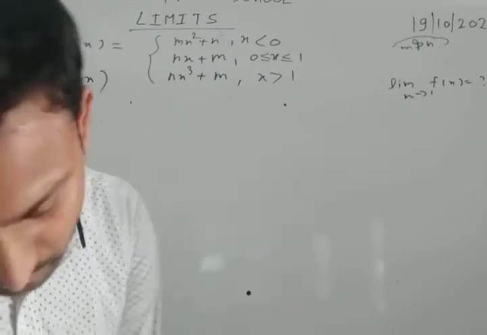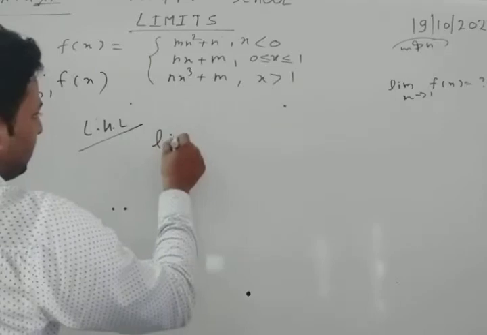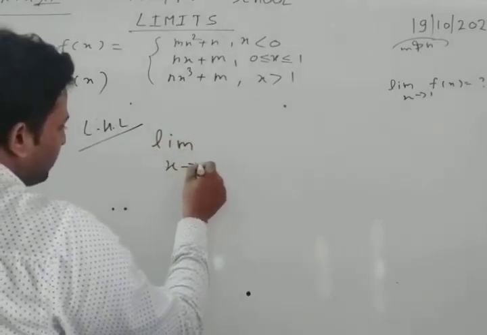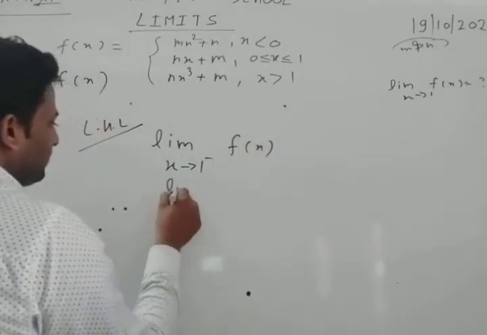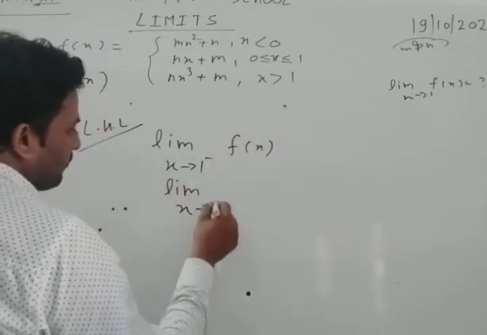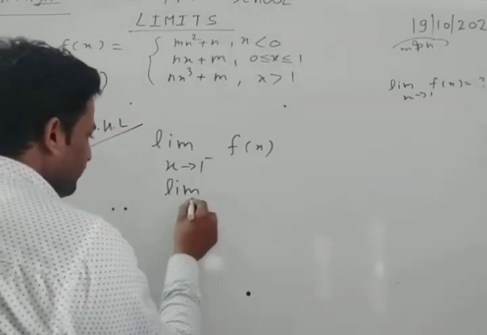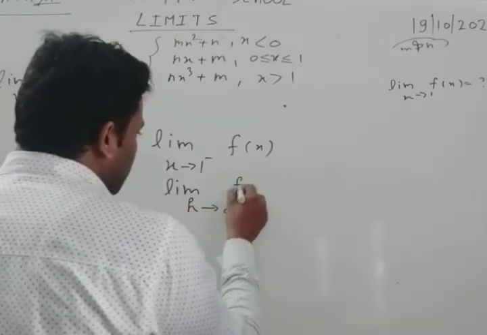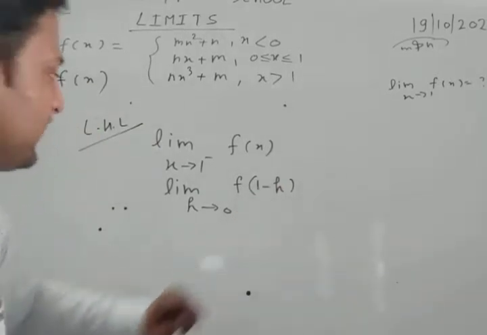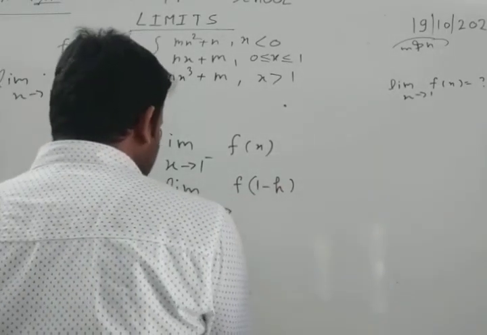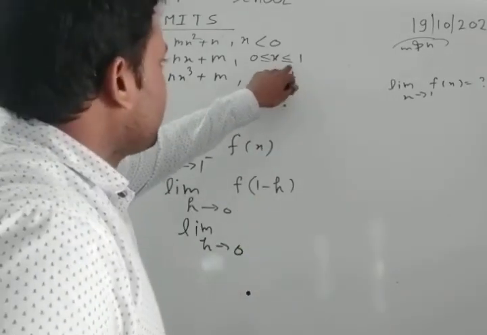Okay. So the left hand limit, x tends to 1 minus of f(x), we write as h tends to 0, f(1 − h).